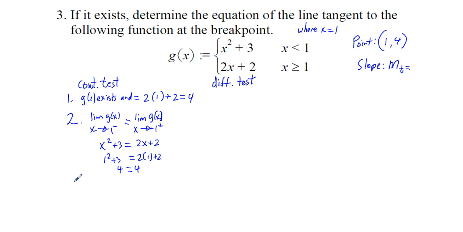So we say the limit as x approaches 1 of g of x equals 4, and then condition 3 is g of 1 equals the limit as x approaches 1 of g of x.